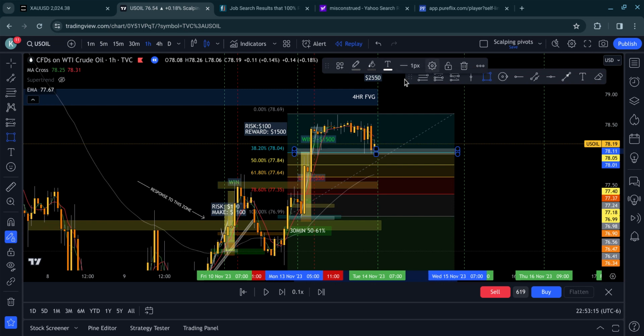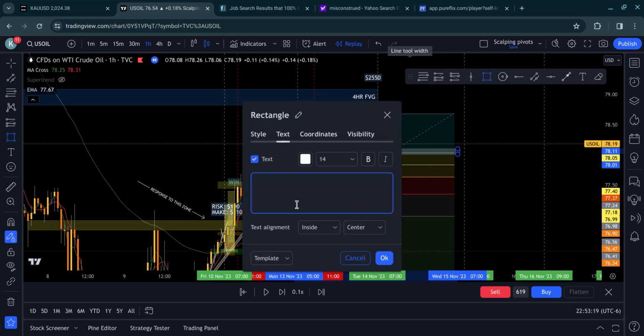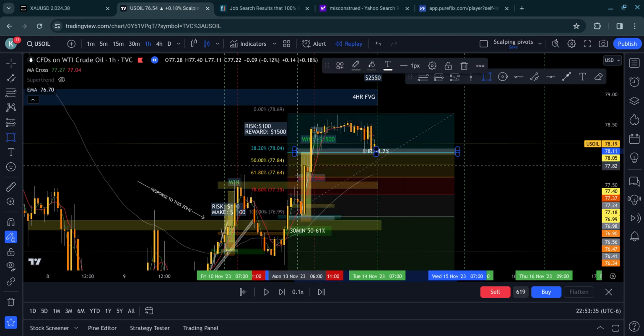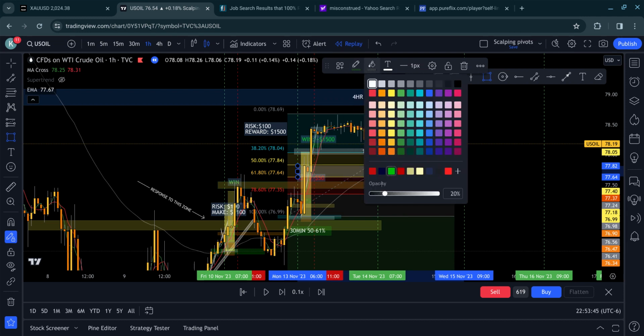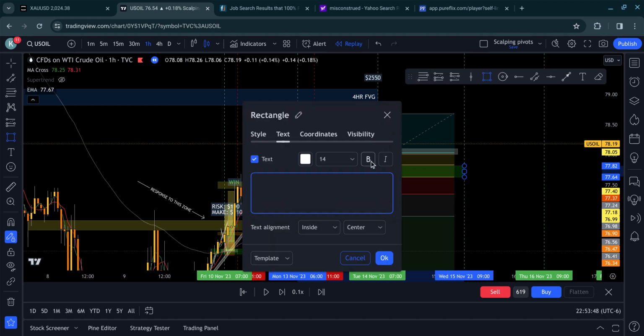I'm at 38.2%, right? 1 hour, 38.2, and then I can come down here and potentially look for that 1 hour 50 to 61%, right? So here I'll put 1 hour 50 to 61%, right?